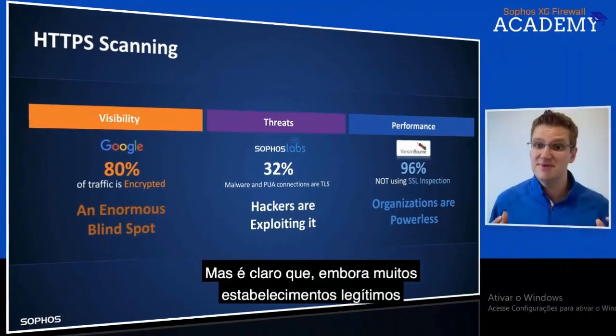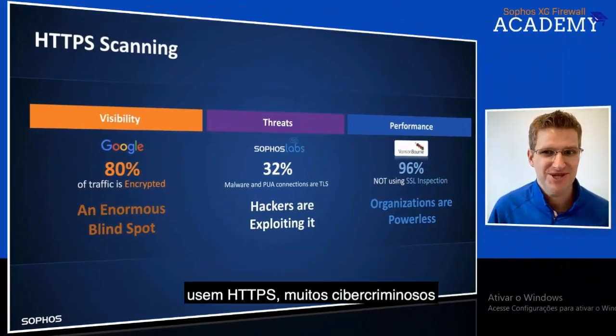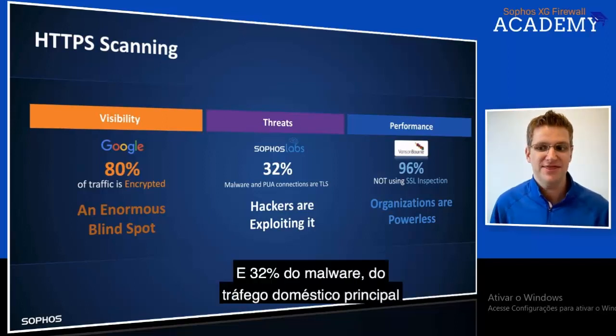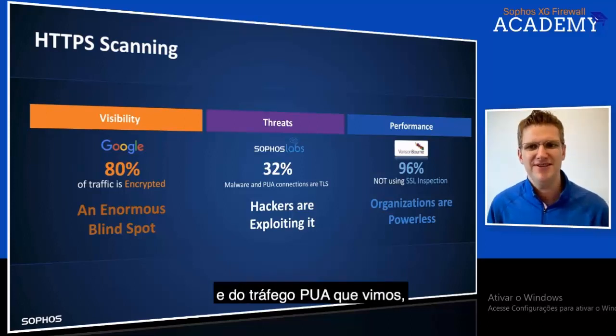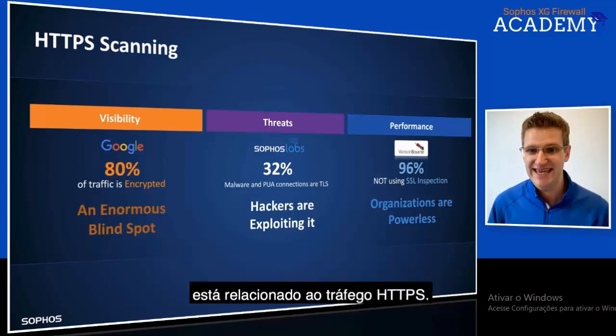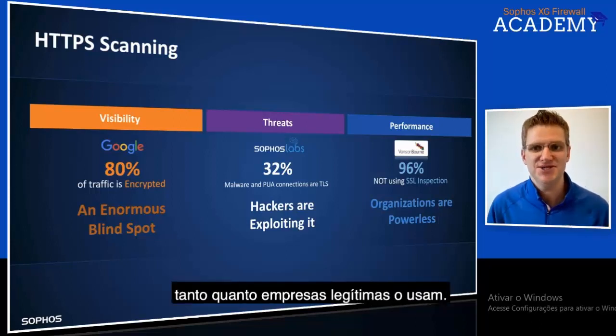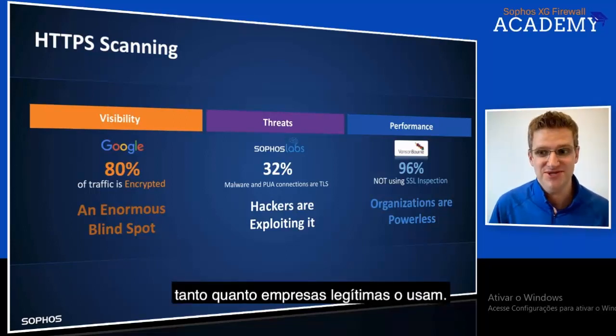But of course, whilst lots of legitimate establishments are using HTTPS, lots of cyber criminals are using it as well. And 32% of the malware and call home traffic, PUA traffic that we've seen is related to HTTPS traffic. So hackers are exploiting it as much as legitimate businesses are using it.